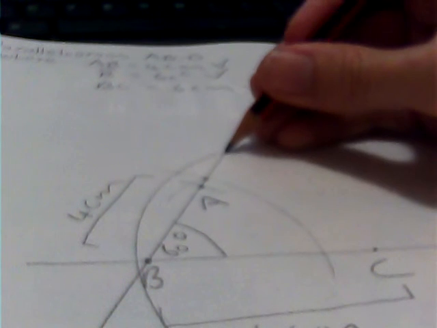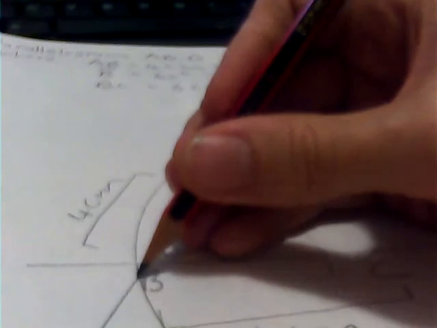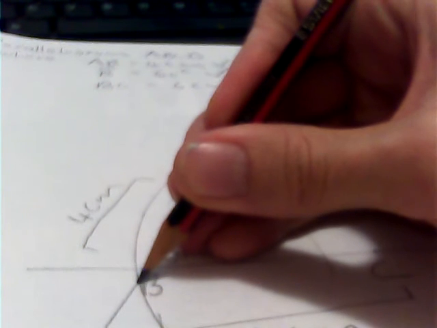Where these arcs cross the extended BA, we can plot points on both sides.